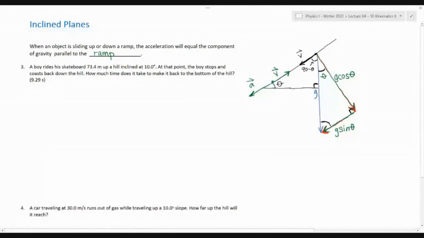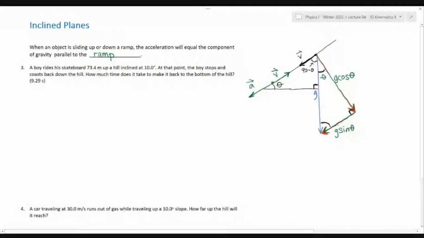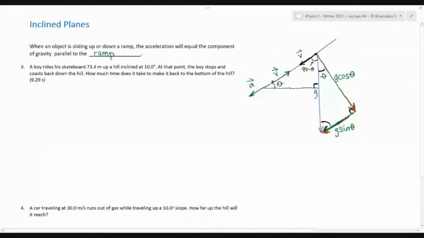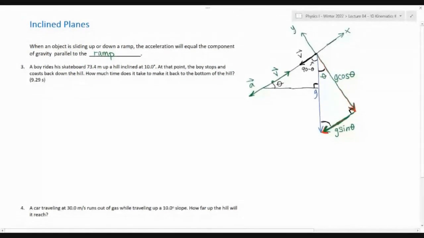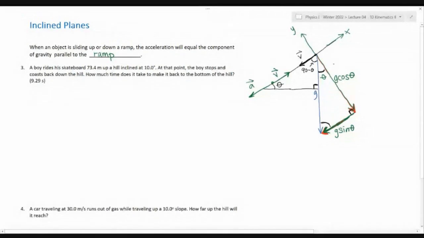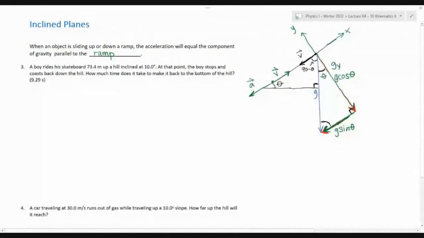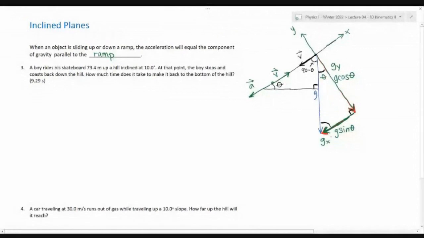So the acceleration we're using in our kinematic equation is this one over here. And normally we say that the direction of the ramp is the x direction. So this would be like your x-axis, and this direction perpendicular to the ramp is the y direction. So this we could say is g in the y direction, and this is g in the x direction.